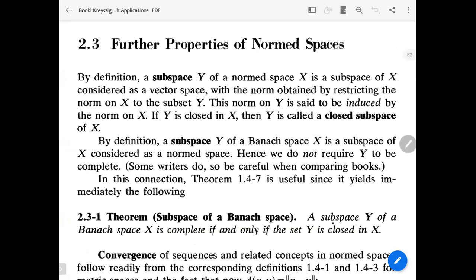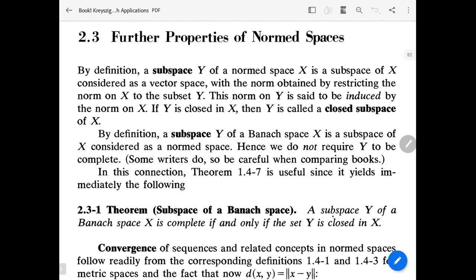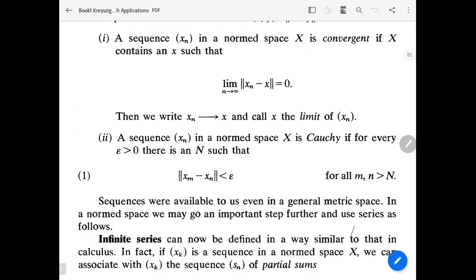So just like complete metric space, we have complete norm space, which is called the Banach space. So complete norm space in which every Cauchy sequence is convergent. So what is a Cauchy sequence in a norm space?